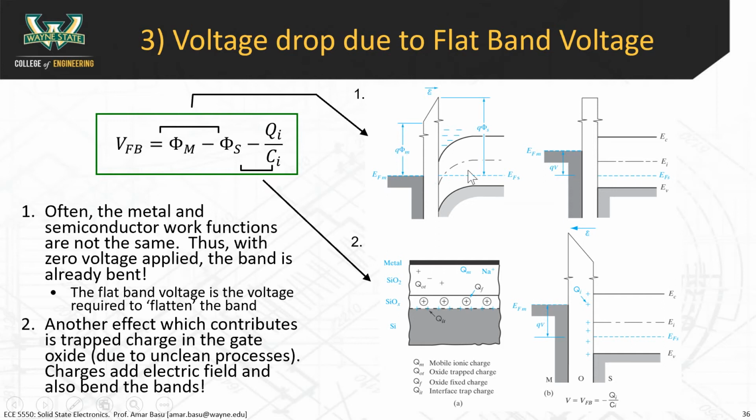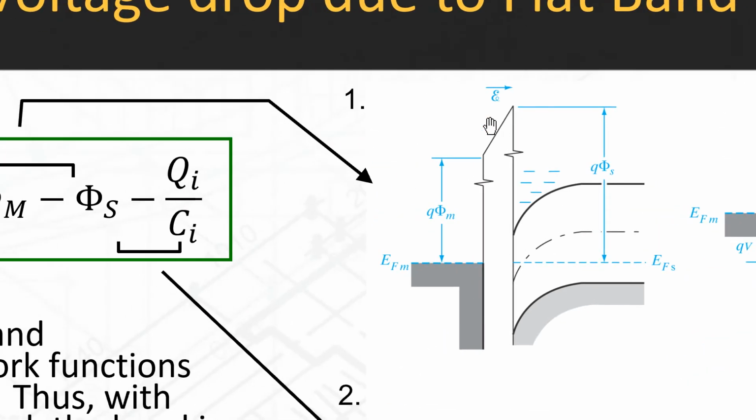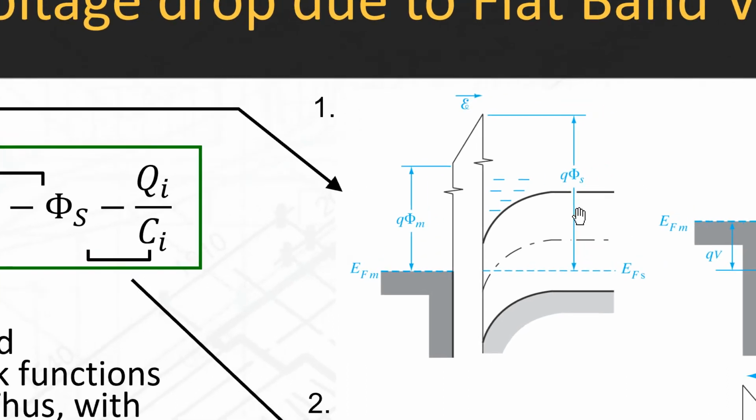Now, phi m is typically quite different than phi s. So phi m is a metal work function, phi s is a semiconductor work function. This energy band diagram shows the metal, the oxide, and the semiconductor at equilibrium.